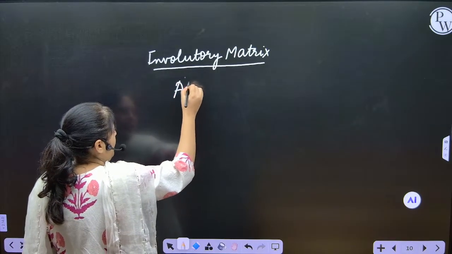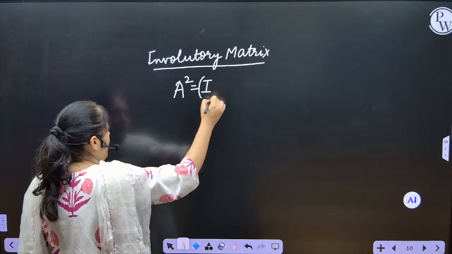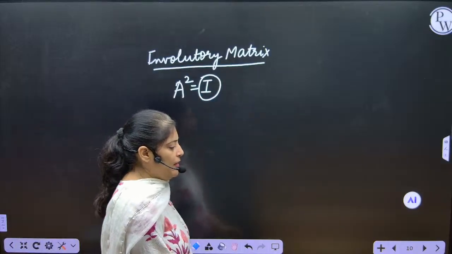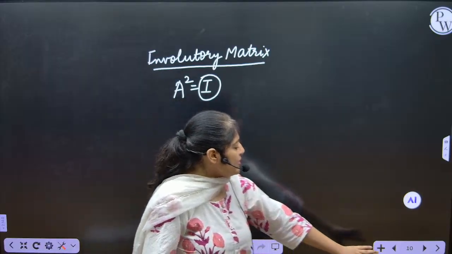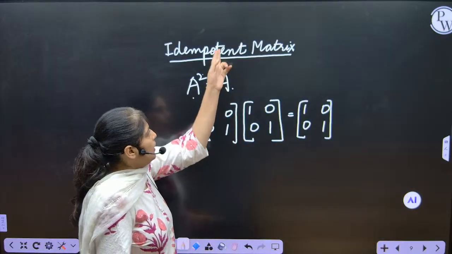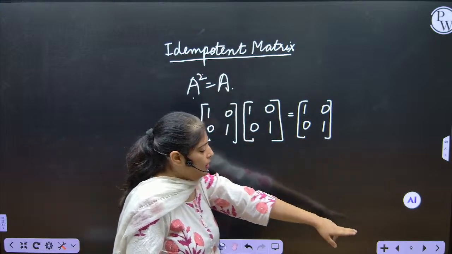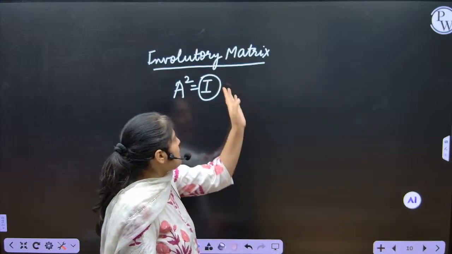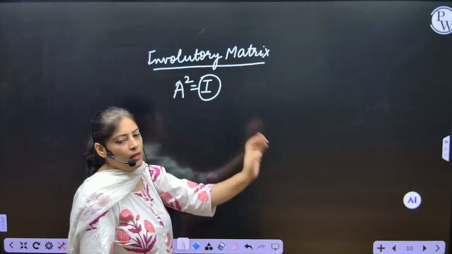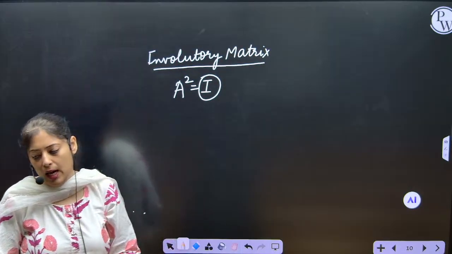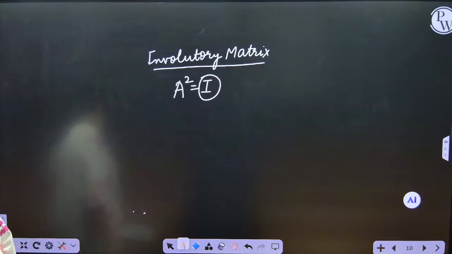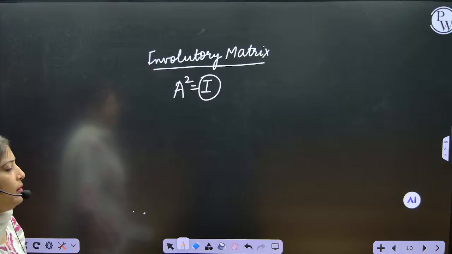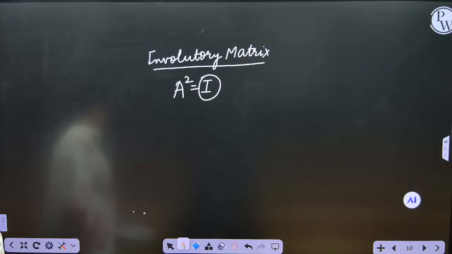A square equals identity, not the original matrix, but the identity matrix. The difference between these two is: for idempotent, the square comes out to be the original, and for involutory, the square comes out to be identity. When we do the determinant, I'll tell you one more thing. The determinant of this kind of matrices is nothing but 1 or minus 1.